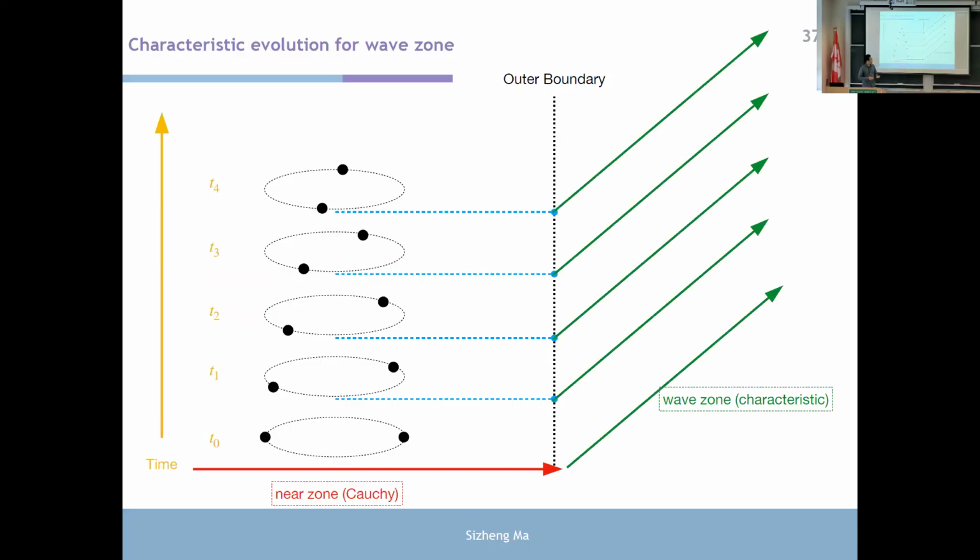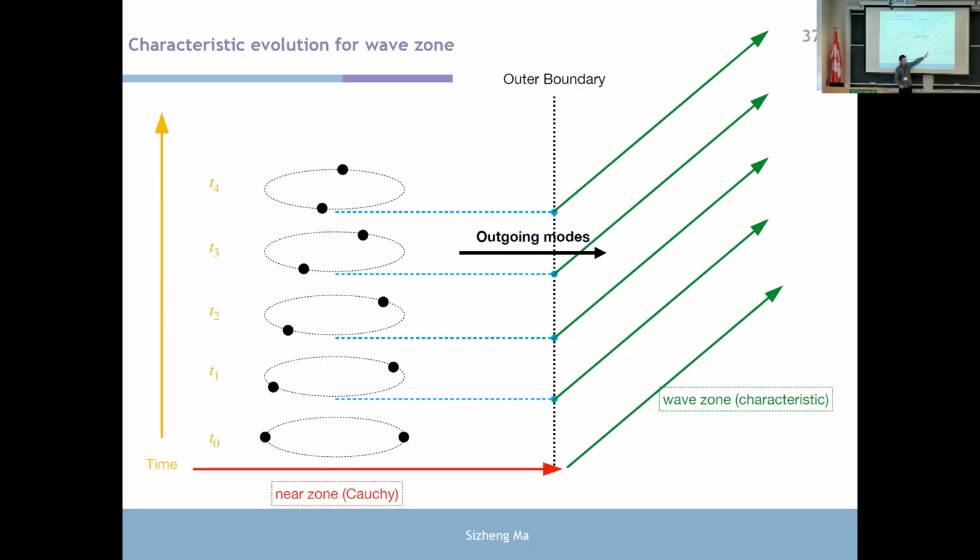So in practice, we can put both Cauchy and characteristic systems together to handle both the near zone and the wave zone simultaneously. In this setup, we send outgoing modes from Cauchy to characteristic to evolve the outer wave zone on a single time slice.